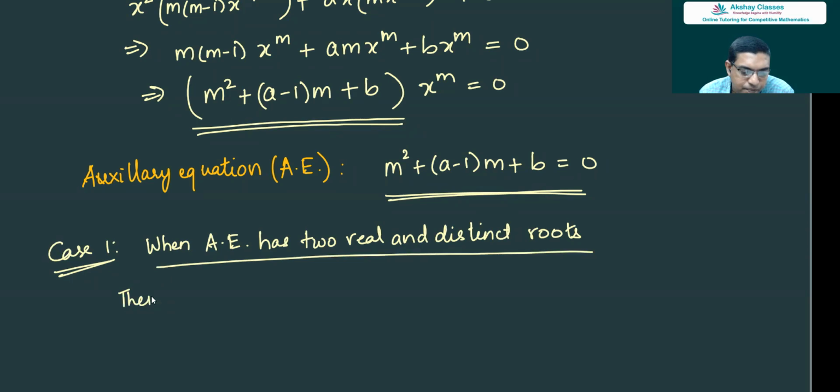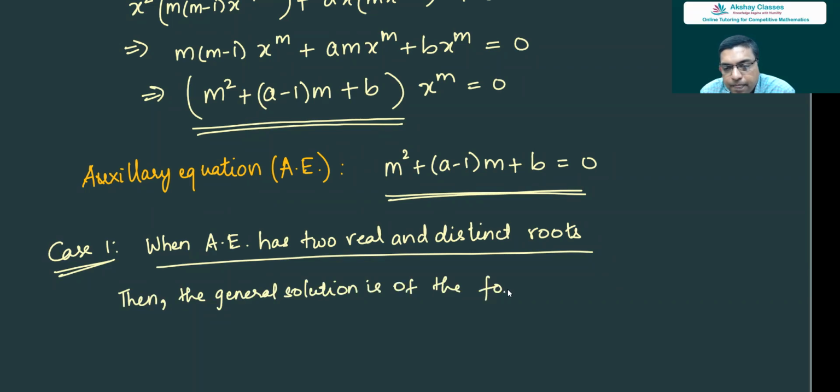Then the general solution is of the form y is equal to c1 x to the power m1 plus c2 x to the power m2.